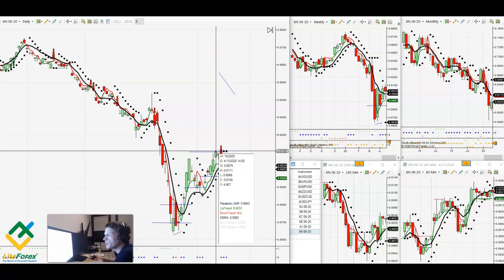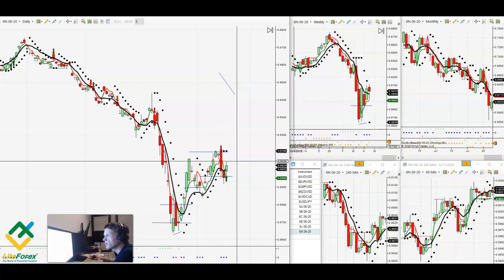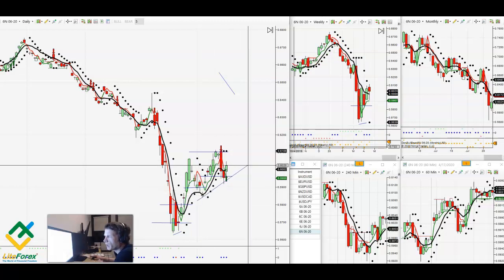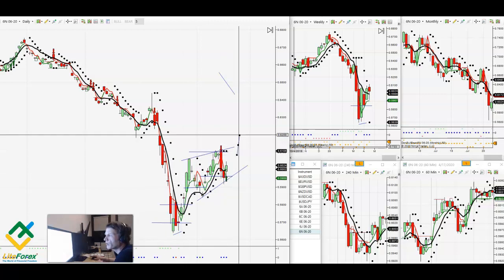The recent high was 0.6111. Let's see if it can take that out. It does look like it's got a shot to do that, putting in, at least right now, higher highs, higher lows. Let's see if it can put in higher highs.